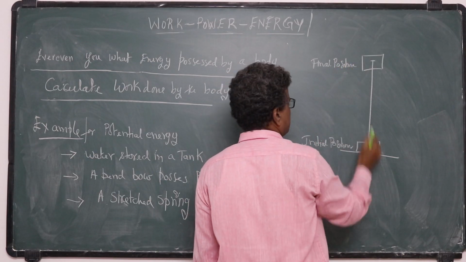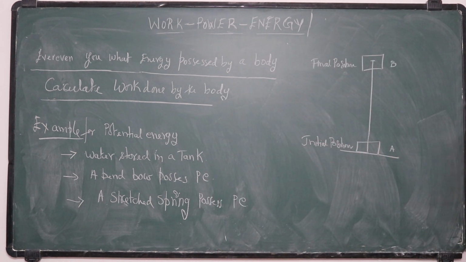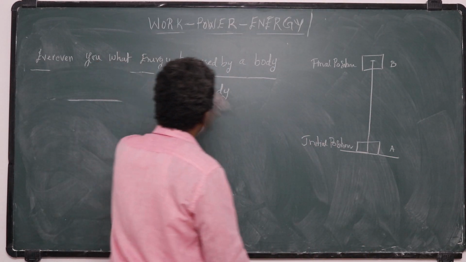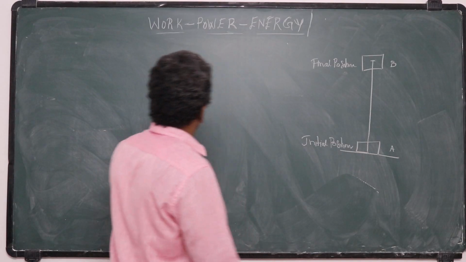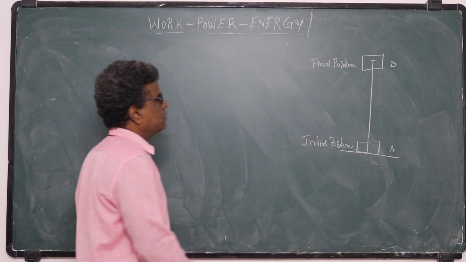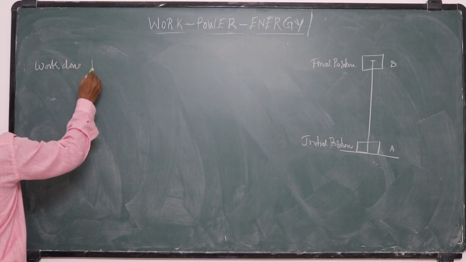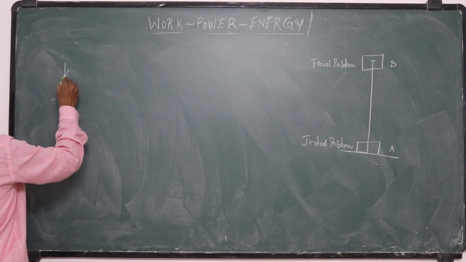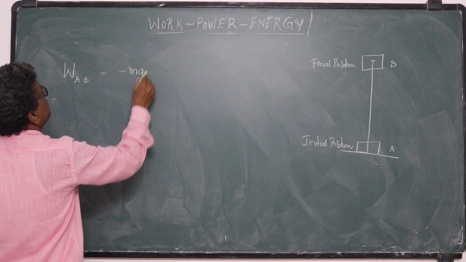So to lift an object from position A to B, work done by the gravitational force is minus mgh.